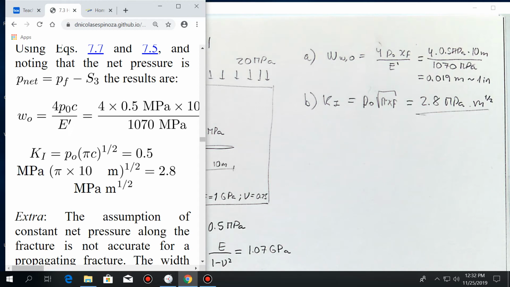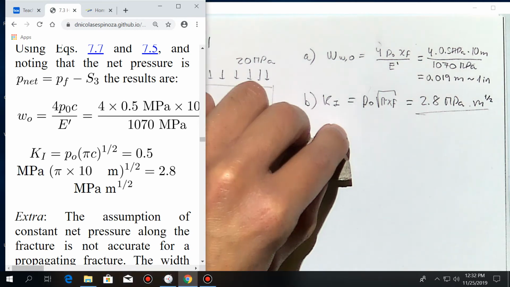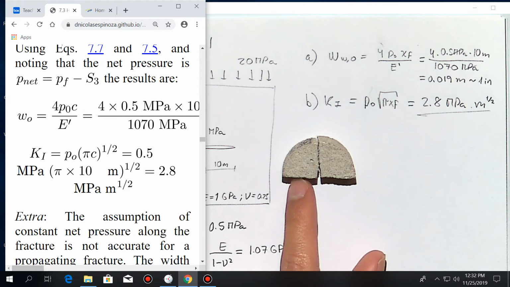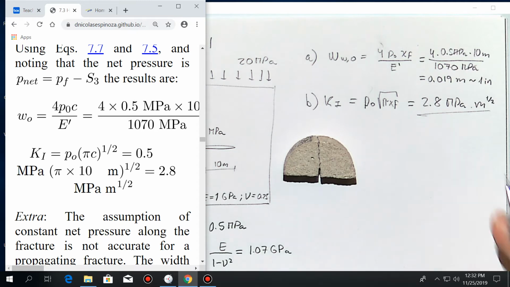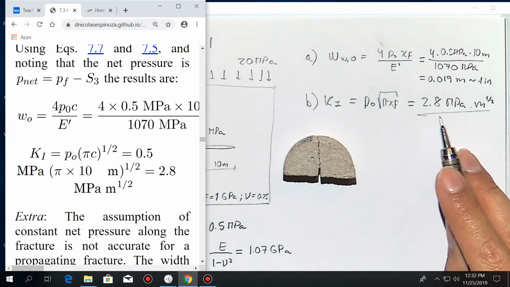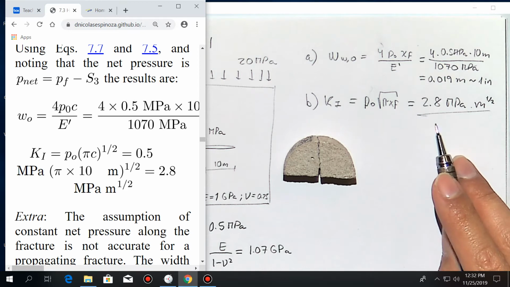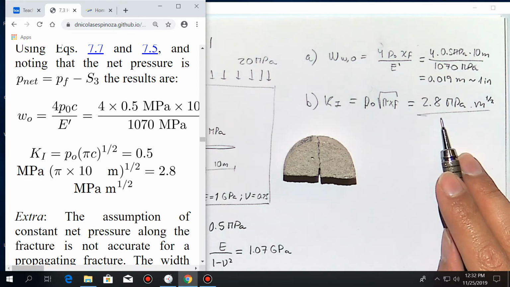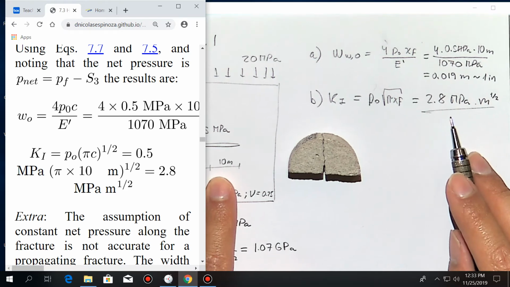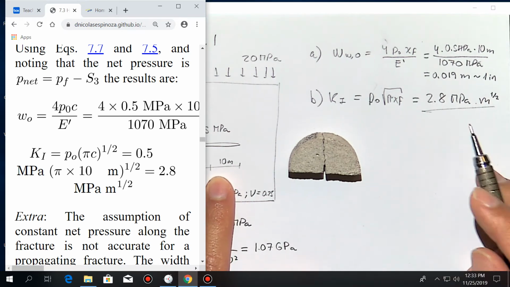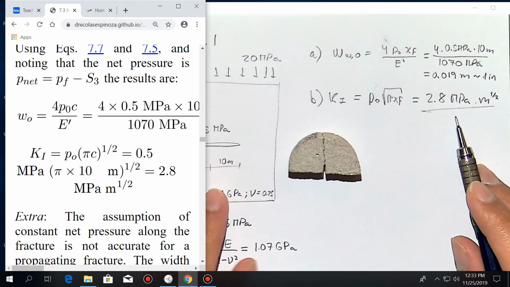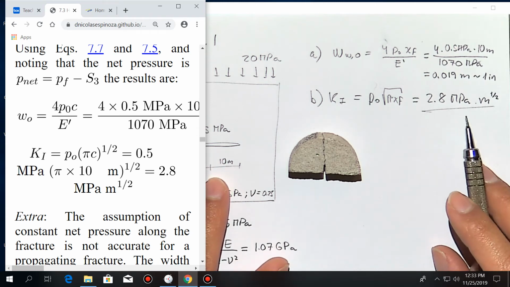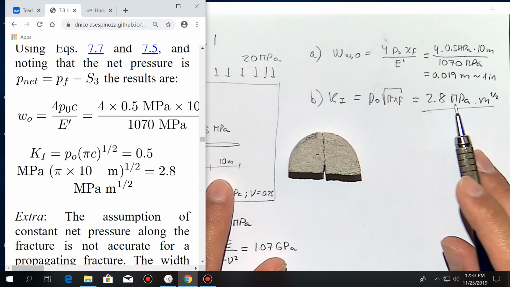A very tough rock will have 2, but rocks which are not that strong will have, for example, this limestone over here, which we measured in class last time, and the value was 0.4 MPa meter squared. So this is a lot higher than that.